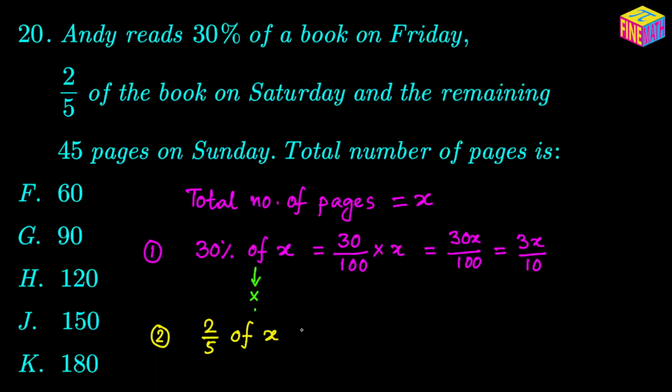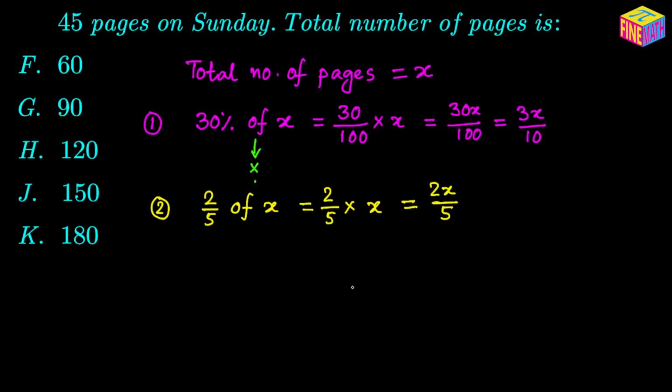So 2/5 of x would be equal to 2/5 times x, so that would be 2 times x over 5. And then he also had another 45 pages to read on Sunday to complete the book, right? So if we add all three pieces, the first piece is 3 times x over 10, the other portion is 2 times x over 5, and the third portion is 45 pages.